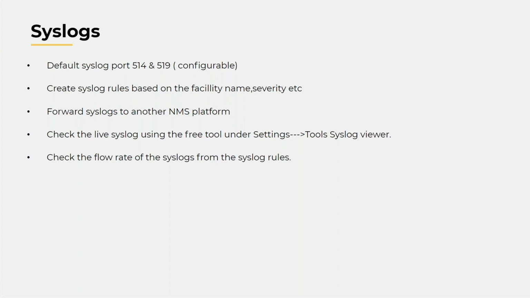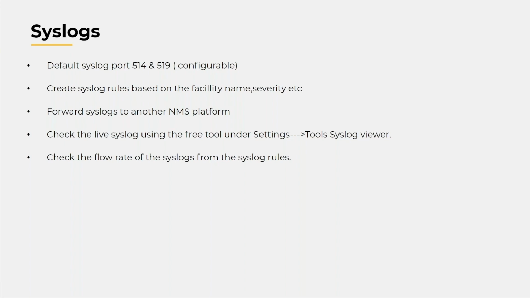We also read the syslog, and from the syslog you can pull out some meaningful information. We have provided that option, and of course there are a few default ports which are mandatory. The OpManager solution listens to 514 and 519, which are UDP ports, and based on the syslog rule that you have created, we filter the data and show it in the OpManager solution.